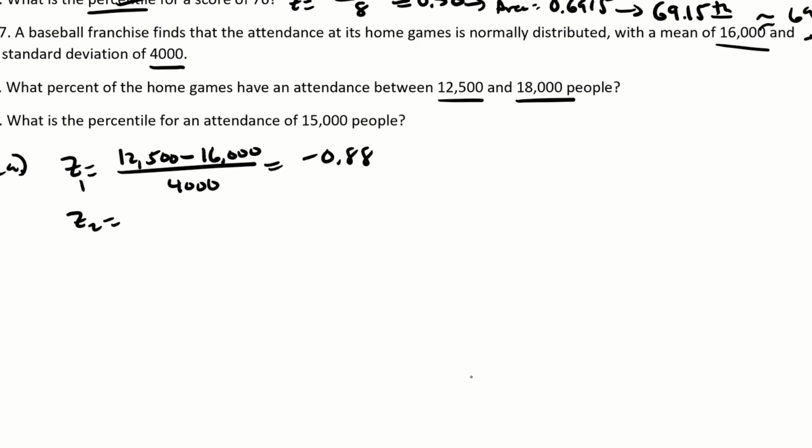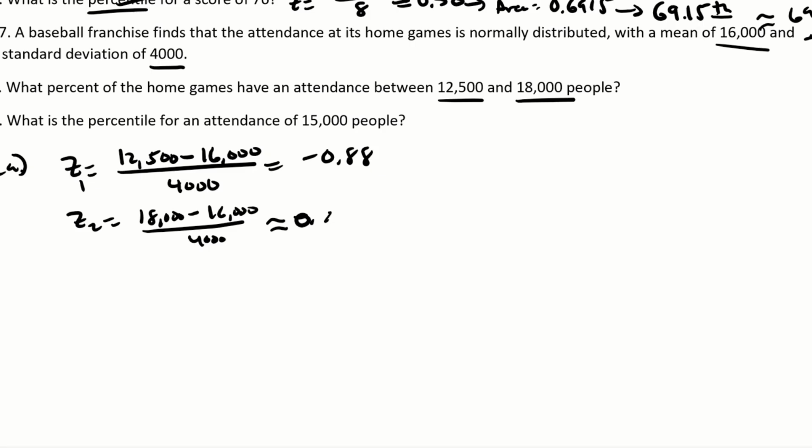That minus the mean divided by standard deviation. So 0.50 is your z-score.